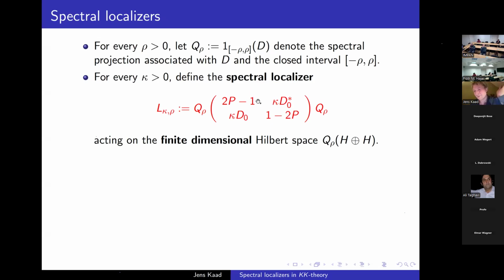But when I work with a self-adjoint and regular unbounded operator defined in the Hilbert C-star modules, these spectral projections might not exist. So I have to find a replacement for these spectral projections when I want to define my spectral localizer in this generality.